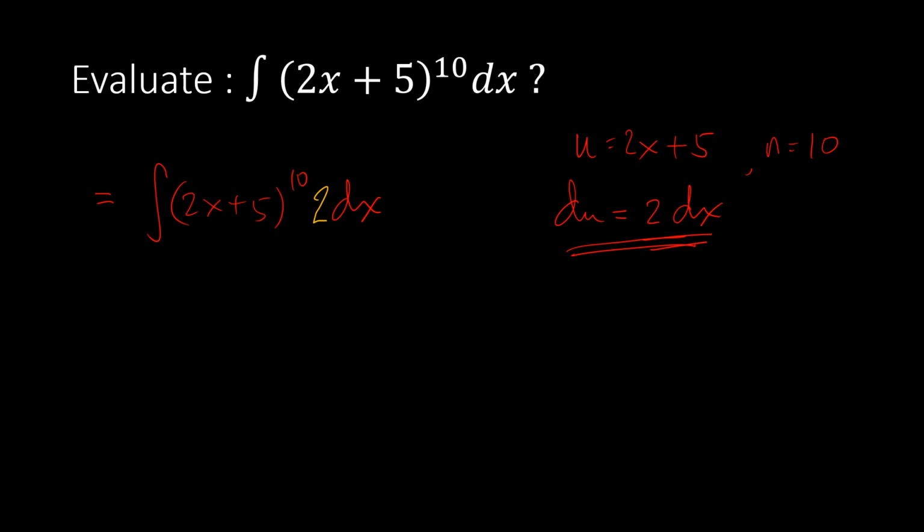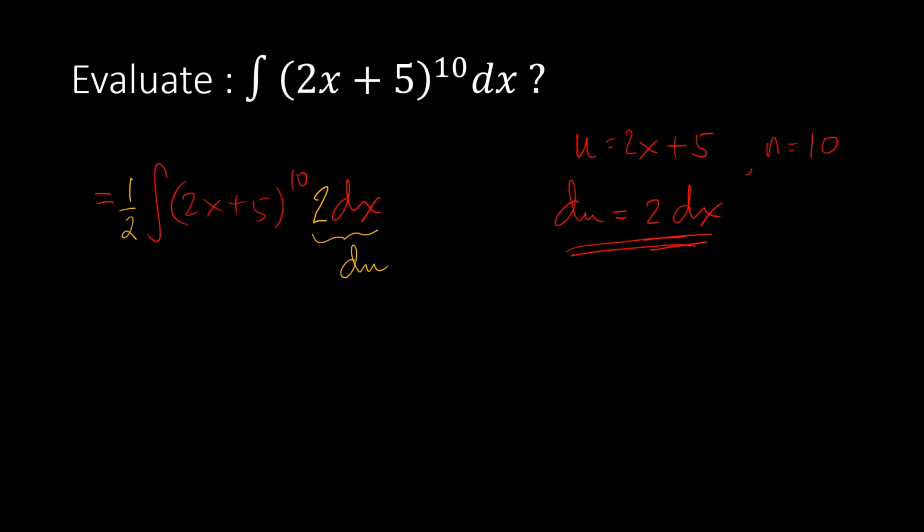So in order not to change the integrand, we can multiply it by 1/2. After all, 2 over 2 is equal to 1. Purposely, we are introducing 2 inside the integral in order to complete our du.